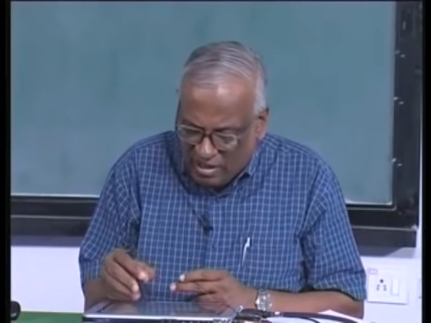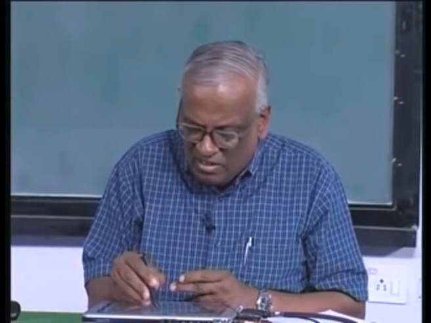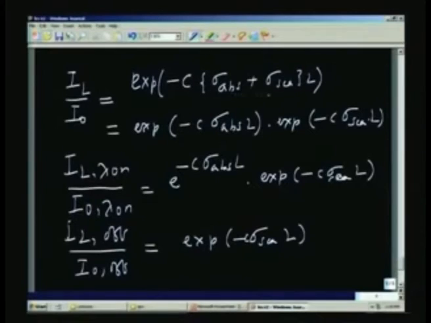In fact, I could have written a C sigma absorption plus another C sigma scattering, but that is not very important. We will just see what the basic idea is. The basic idea is that the attenuation, this ratio, is proportional to this extra term.